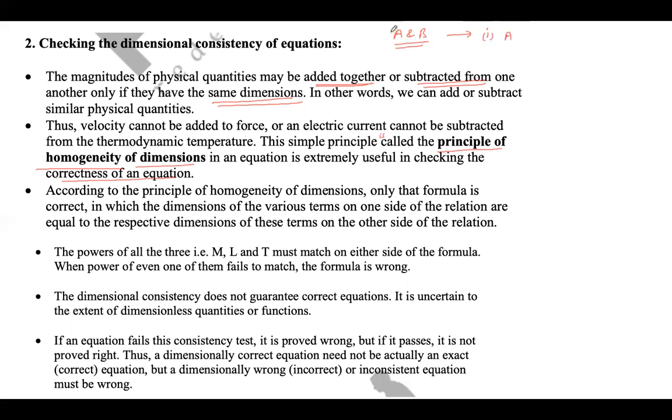These are two different physical quantities, okay? A plus B was the first option. Second option was A minus B. Third option was A divided by B. And the fourth option was A square minus B square.